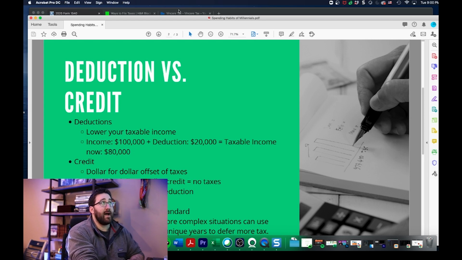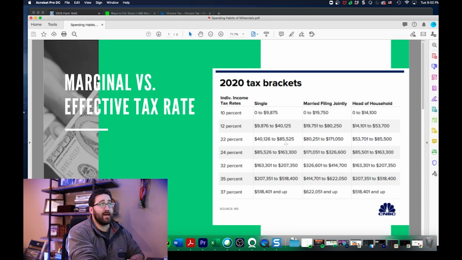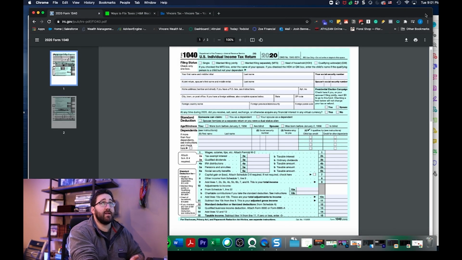If you think back to those original brackets, $80,000 would basically be at the 22% tax bracket, versus $100,000. So you basically save, say, 21 or 23% on average on that $20,000. Call it about $4,000 in taxes just through that deduction.